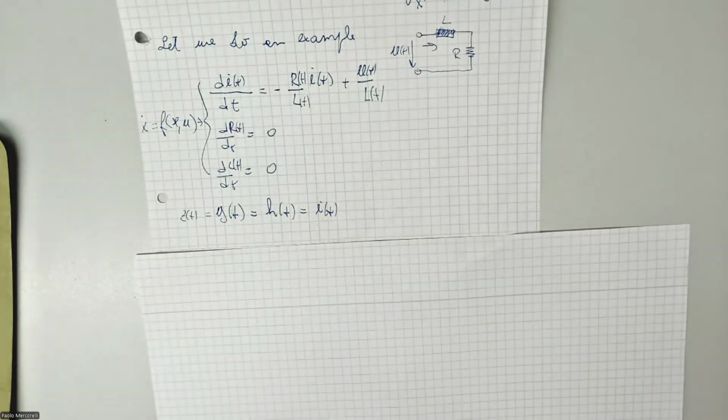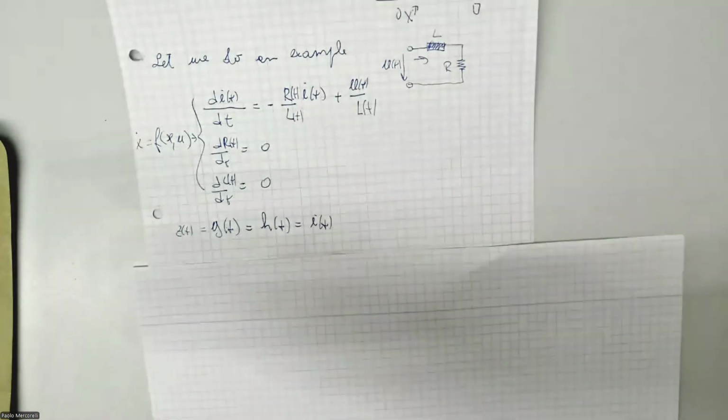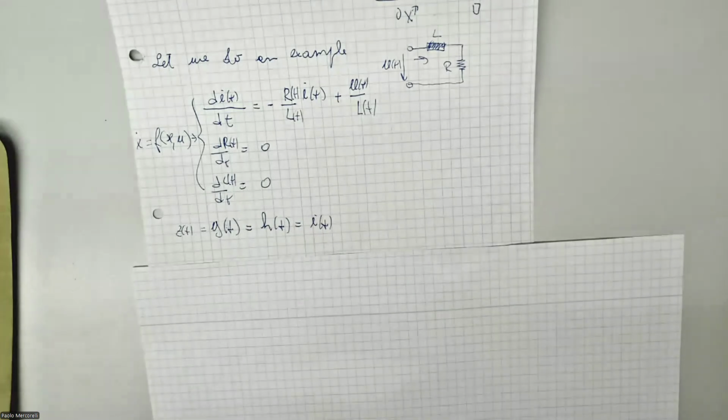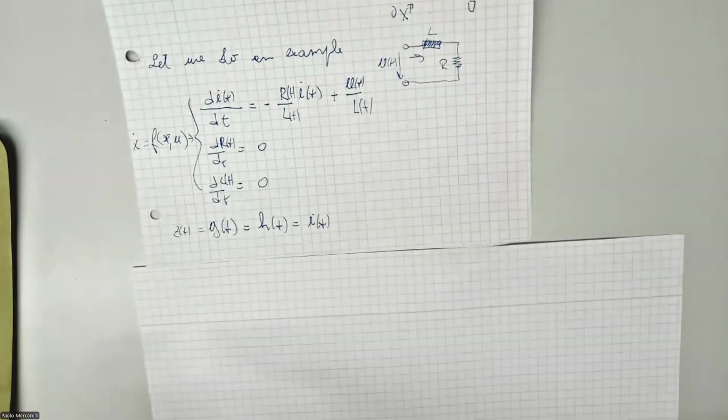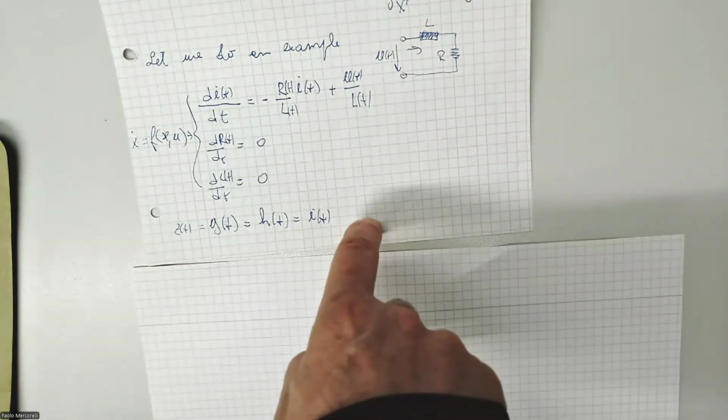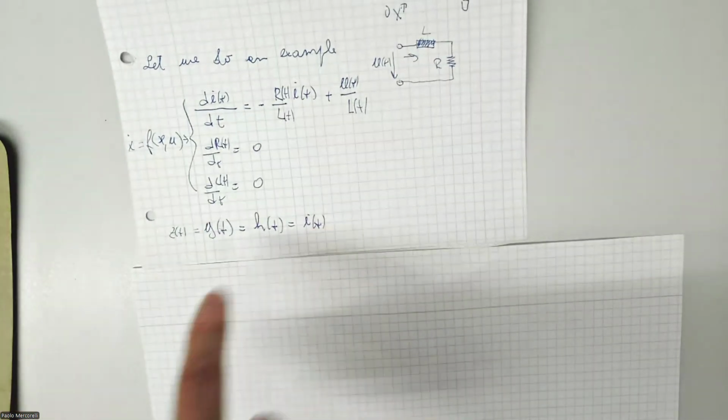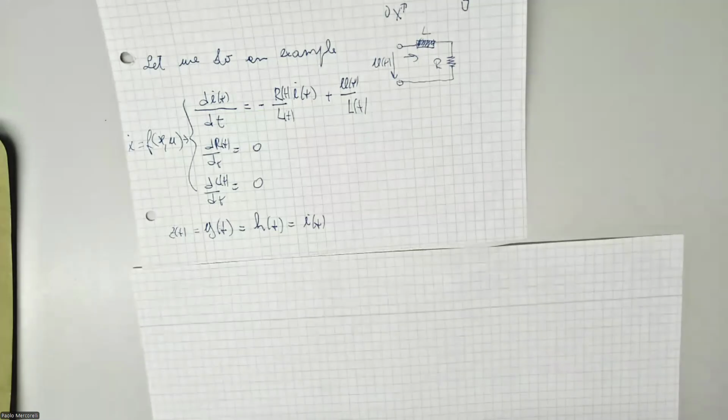Do you remember partial derivatives from high school? Basically, the first component is the derivative of this function with respect to the current, 1. The second component is this function, current again, with respect to R, 0. What is component number 3? The derivative of this function with respect to L, again 0.